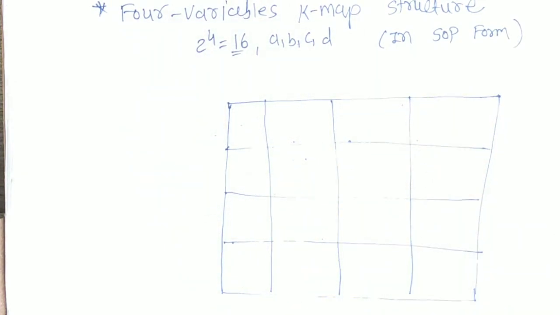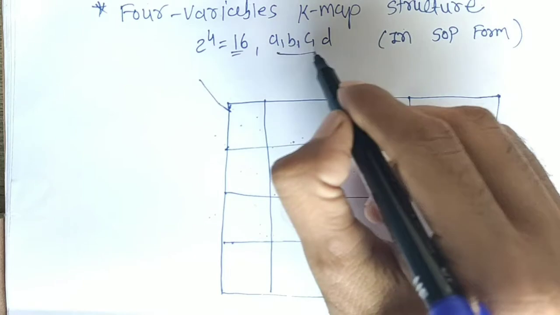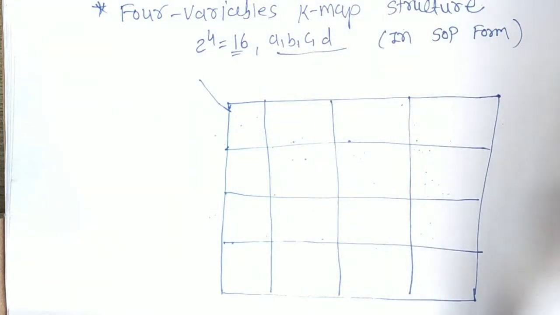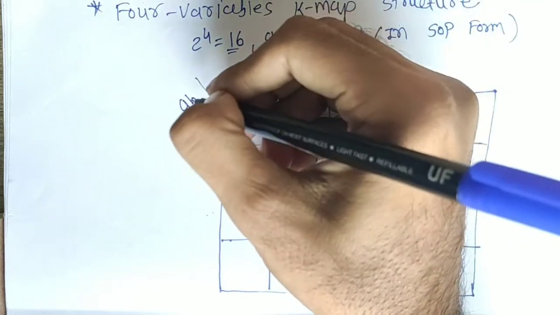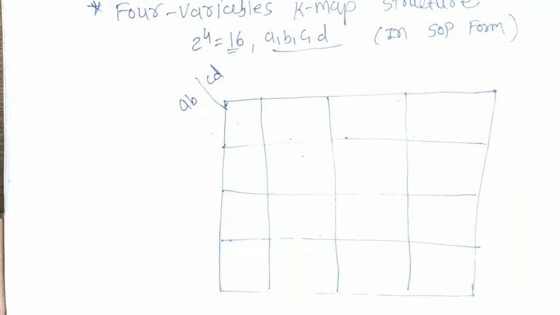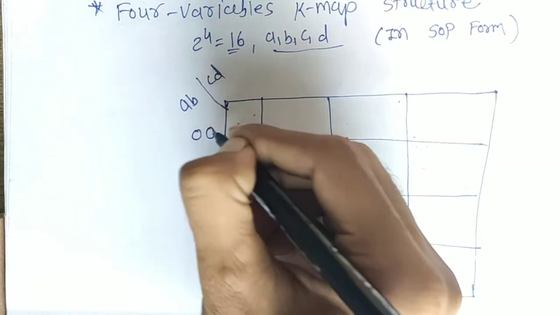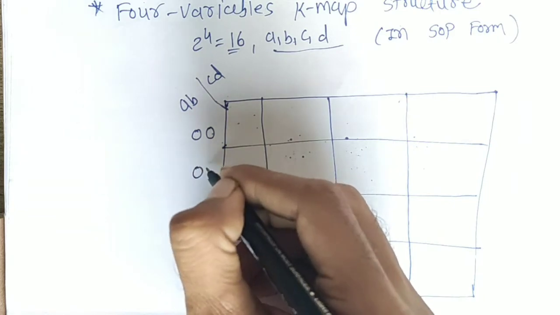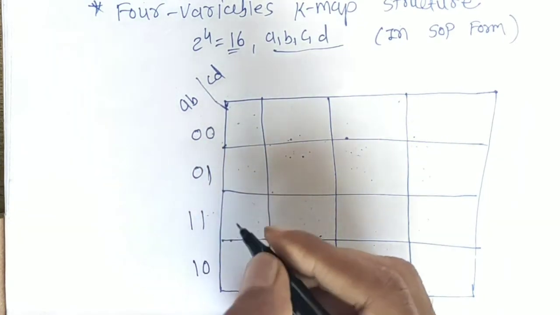So the number of cells is 16, right? So this can be represented with the 4 different variables A, B, C and D. So in the column we have to consider the 2 variables A, B, and in the row we have to consider the next 2 variables C and D. So this value can indicate the value of A and B. This one is first cell 0, 0, then 0, 1, 1, 1 and 1, 0, right?